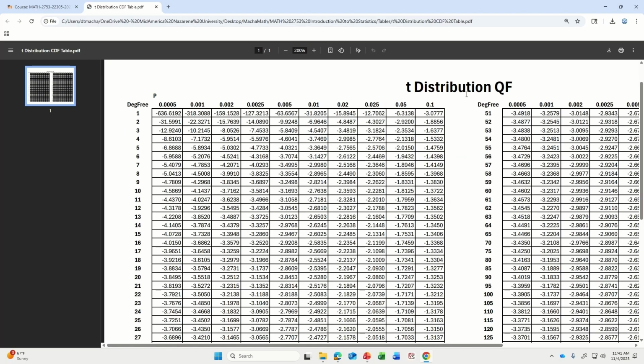Here's my t distribution quantile function. I need 24 degrees of freedom, so I'm talking about this row, at 0.025 is this column. So my number is negative 2.0639. Negative 2.0639.